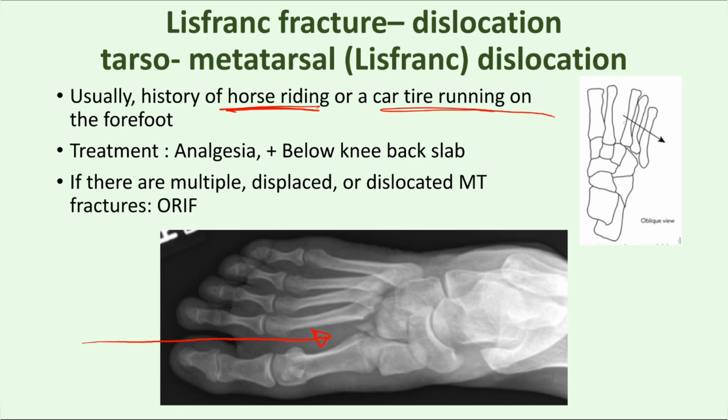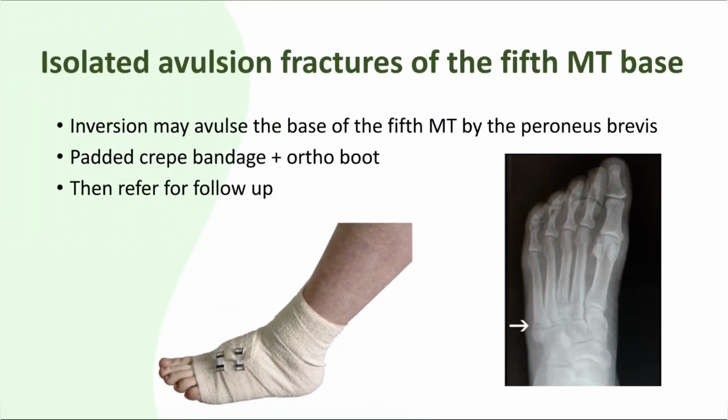There will be displacement of the metatarsals from their place, so there will be widening of this space. Treatment includes analgesia and a below knee back slab. If there are multiple displaced or dislocated metatarsals, you may also need open reduction and internal fixation.